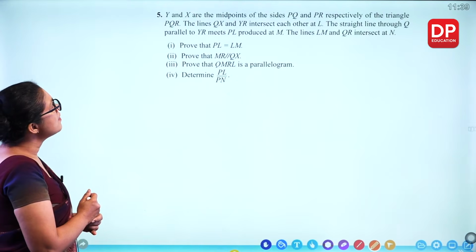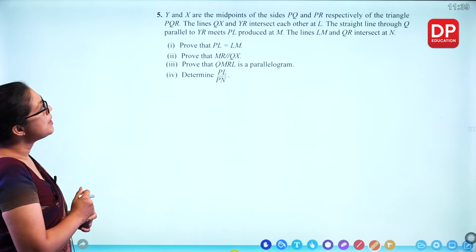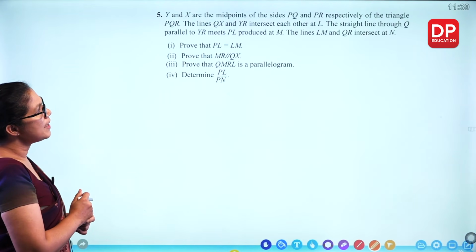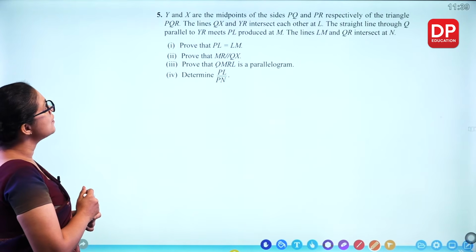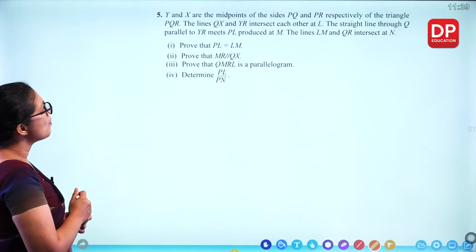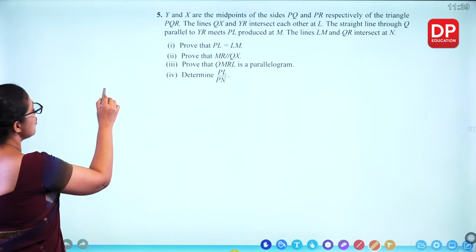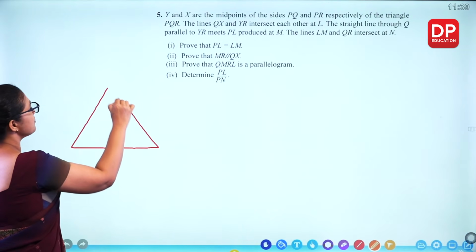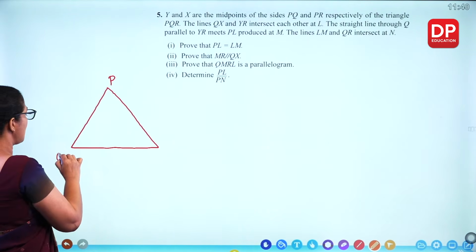Question number 5. Y and X are the midpoints of the sides PQ and PR respectively of the triangle PQR. So we'll draw the triangle PQR.